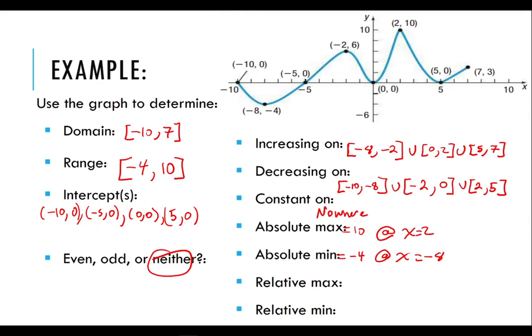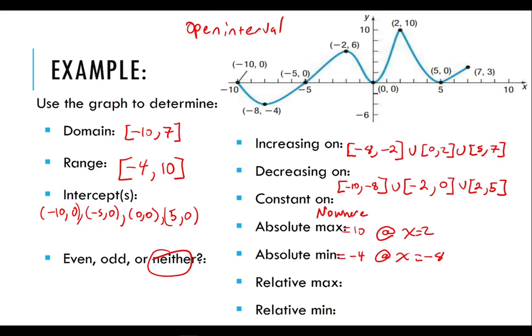Now, if we're looking for relative maxes or relative mins, it matters that we can find what's called an open interval. An open interval is really this idea that if you can place your hands around a piece of the function, is there a smallest or largest value between your hands, then it exists as a maximum or a minimum. So, for the record, endpoints cannot be relative maximums or minimums.